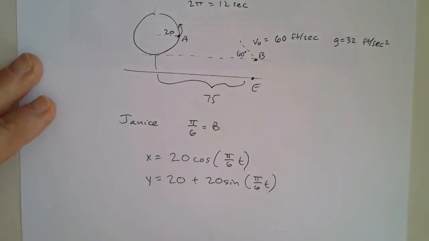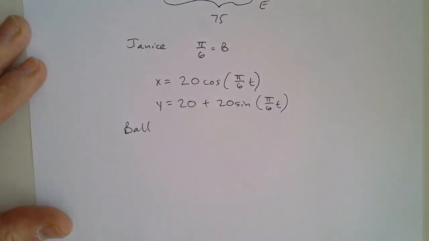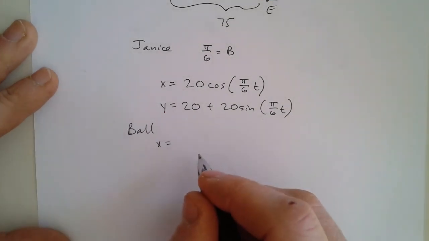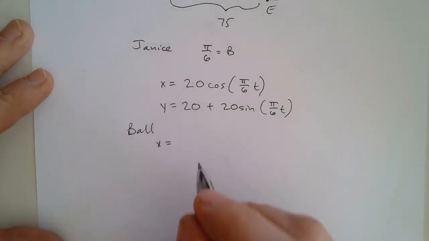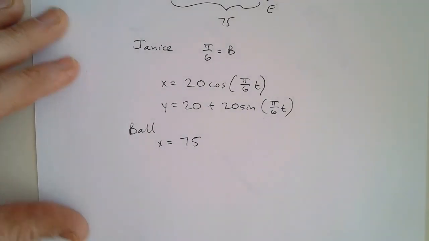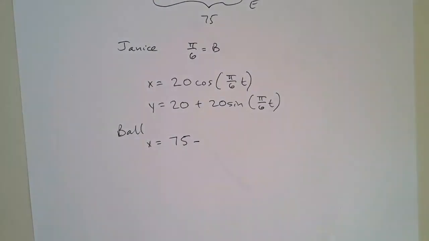If we then think about the ball and its equation, let's see. If we think about our x distance it's going to travel, our x component, it's going to be 75 feet away, so we'll start with that 75 feet, and it's being thrown towards it, so we're going to put a minus there, because the distance is closing.